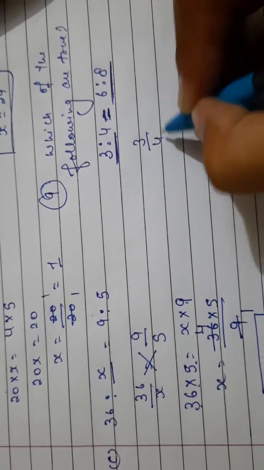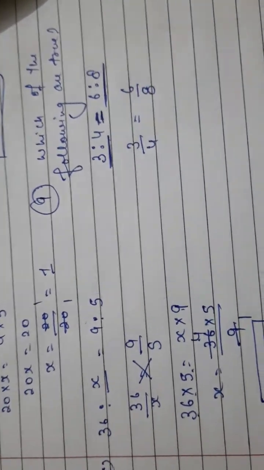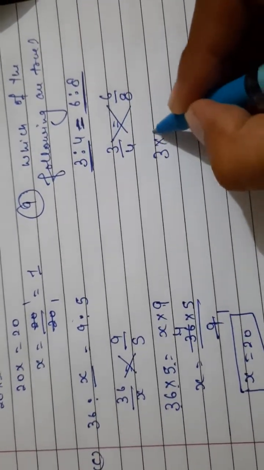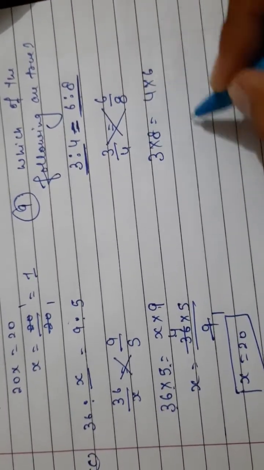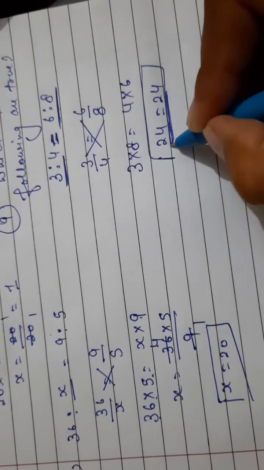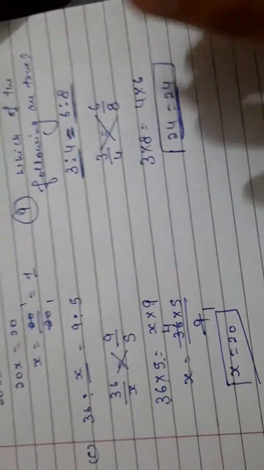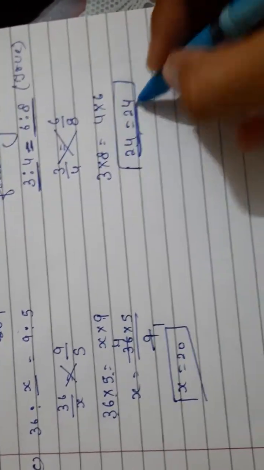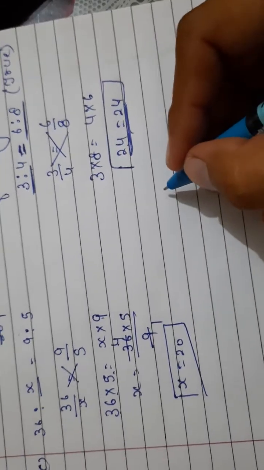Same, we can write 3 by 4, 6 by 8. We will do cross multiply: 3 into 8, 4 into 6, 24 is equal to 24. Equal came, 24 and 24, so we can write true. If equal did not come, then we will write not true.